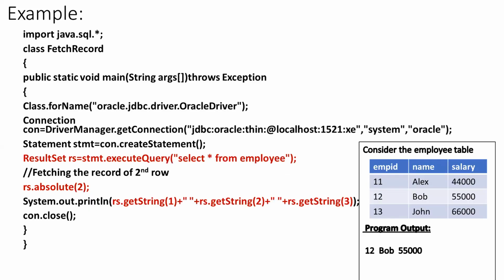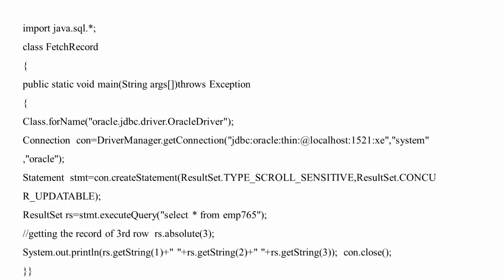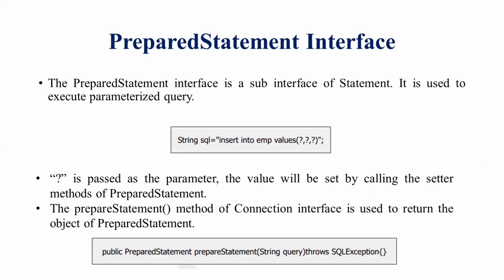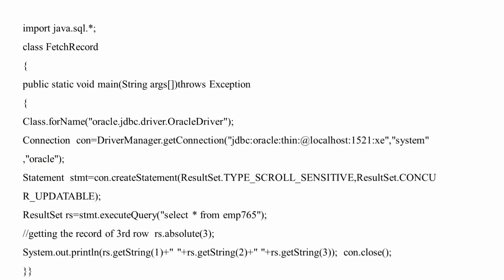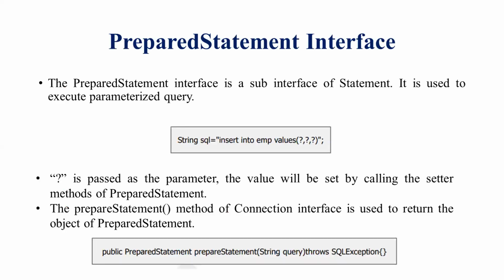Here you are going to use the third absolute, so you will have rs.absolute of 3. Getting the record of the third row takes one line, and the second line is rs.absolute of 3. So whatever entry is in the third row will be called, fetched and given to you.